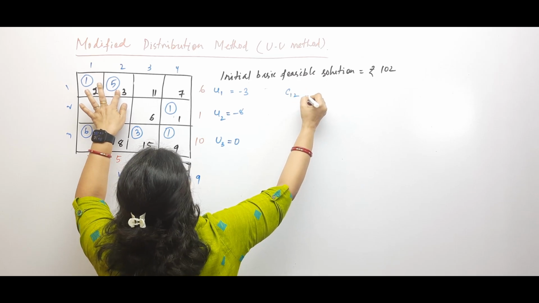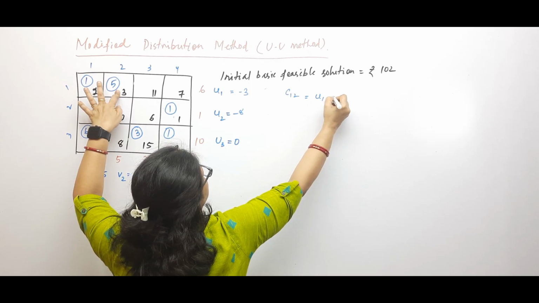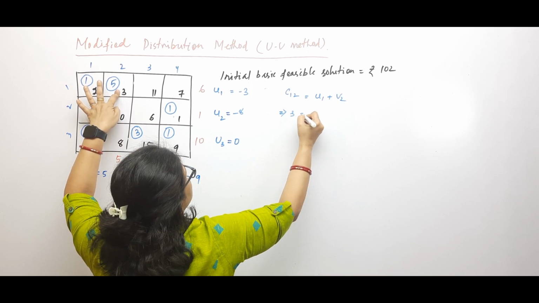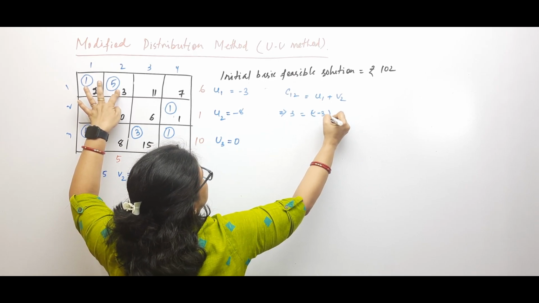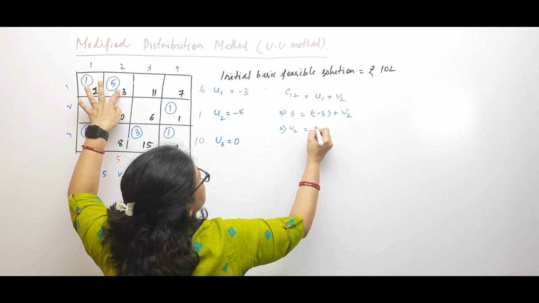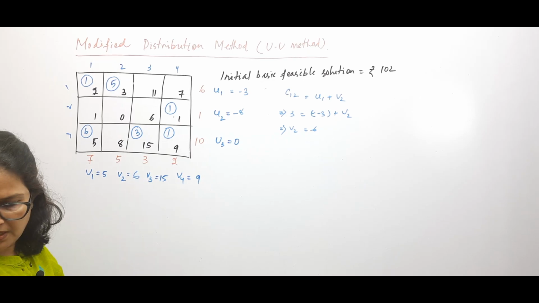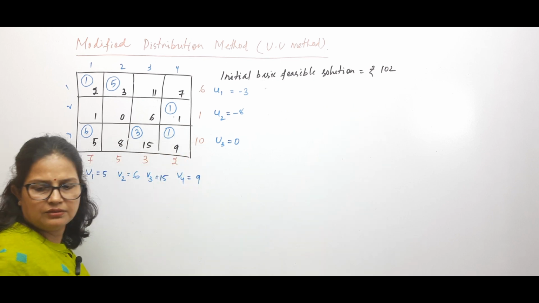C12 equal to U1 plus V2, which is equal to 3 equal to, U1 we know, minus 3 plus V2. So V2 equal to 6. So all the u and v values we have calculated here.